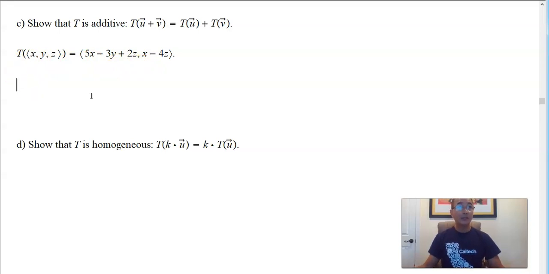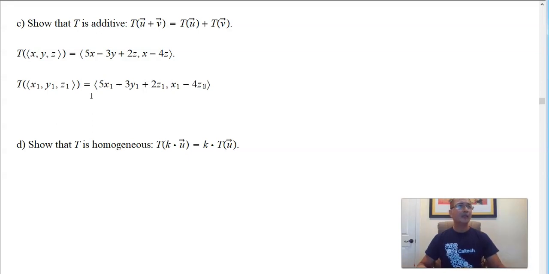So we need two input vectors. I'm going to make some more copies. I need two different input vectors, though. So to do that, I will make the first vector (x1, y1, z1). So its output is just 5x1 minus 3y1 plus 2z1 and x1 minus 4z1.